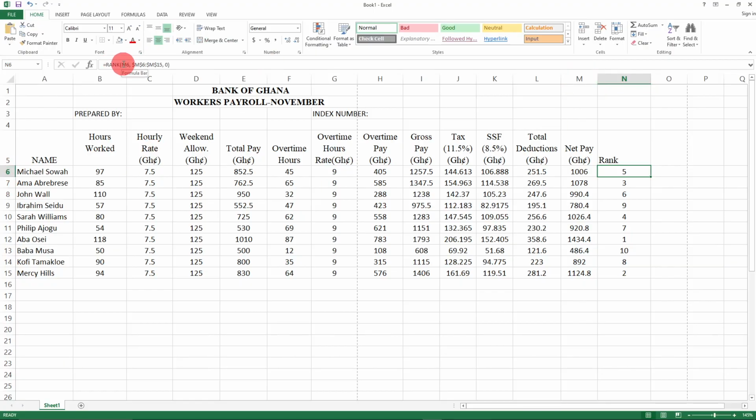That's the reason why I'm having the M6 here, and then the M6 again here, and the last person, which is the 15, Mercy Hills, is M15. That's the reason why we are having the M15. So if yours is not like that, please edit it. Other than that, you are going to get it wrong. If Michael Sowa starts with 7, make sure that the 6 is changed to 7. The 6 here too is changed to 7 again, and then the 15 is changed to the last person's number.